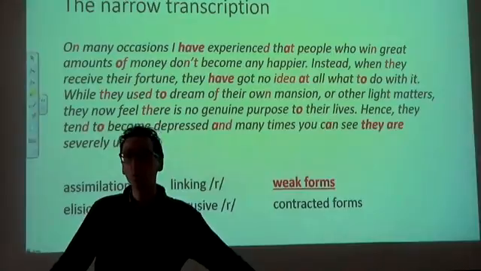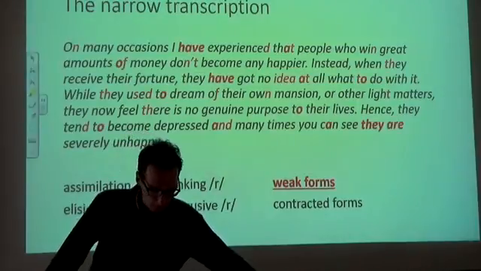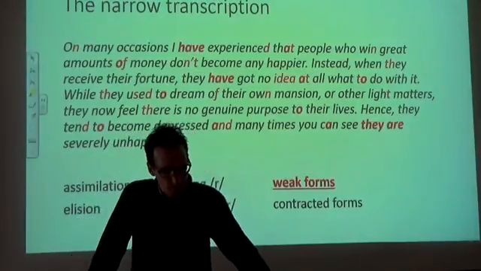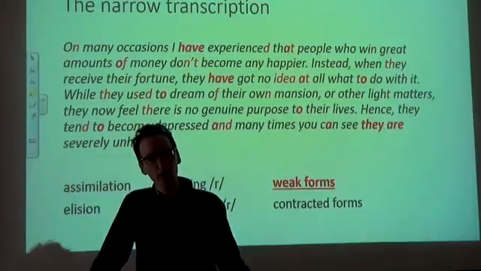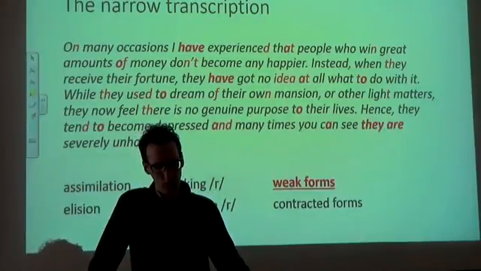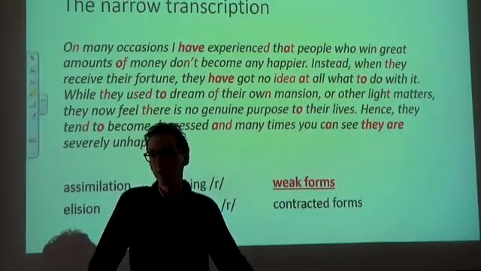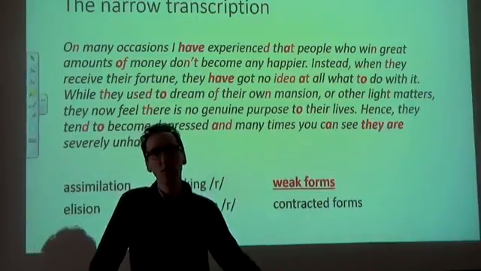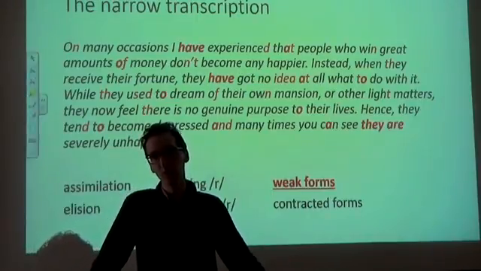Now, these are more than 20. Yeah? So, again, look for the weak forms first, and then try and find the rest. If you learned all the assimilation patterns by heart, and elision, and you know where elision occurs, then you should be able to find those as well.